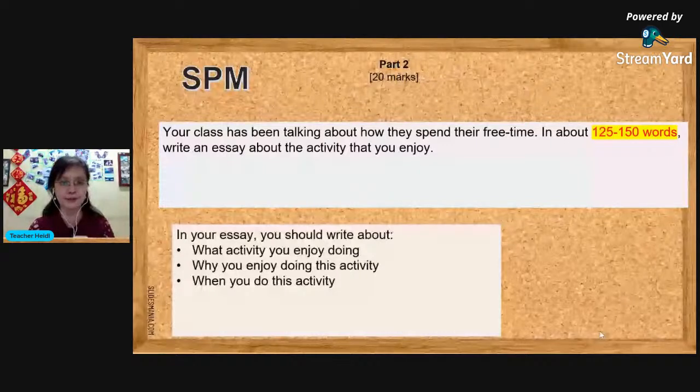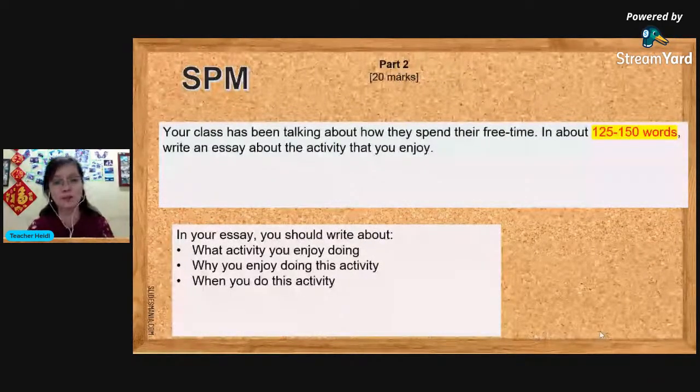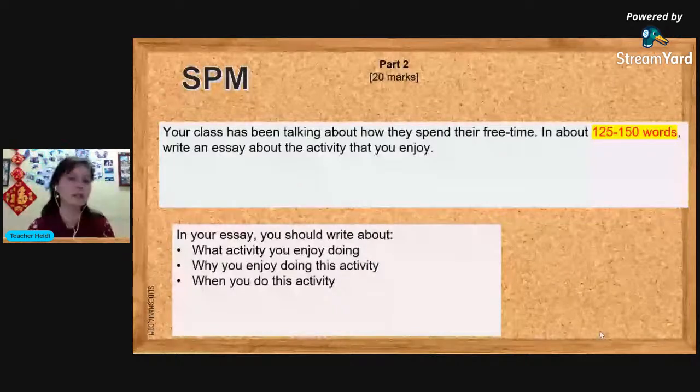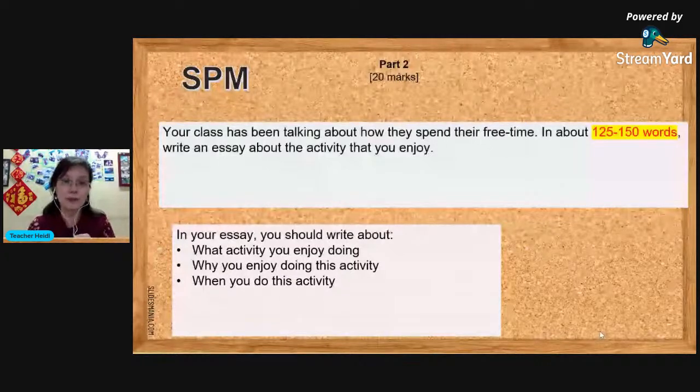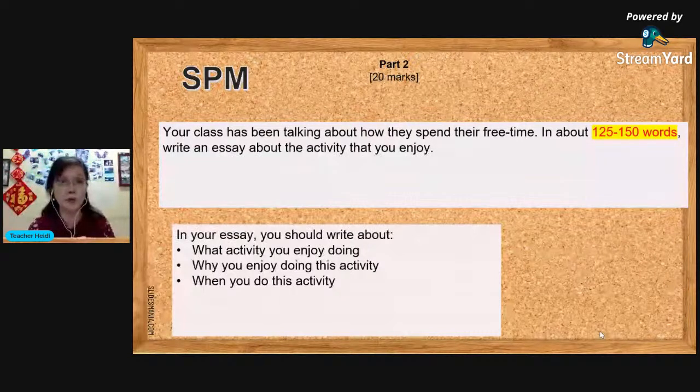Instead, there will be only 3: what activity you enjoy doing, why you enjoy doing this activity, and when you do this activity. So basically, if you have already familiarized yourself with PT3, most probably you can add your own questions in order to make sure that your writing will reach 125 to 150 words.